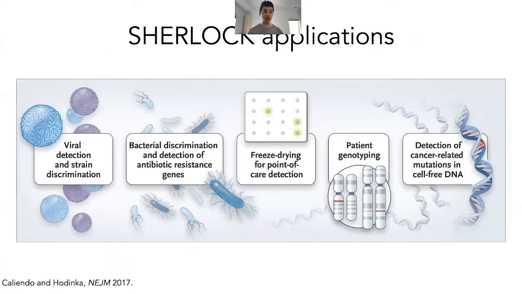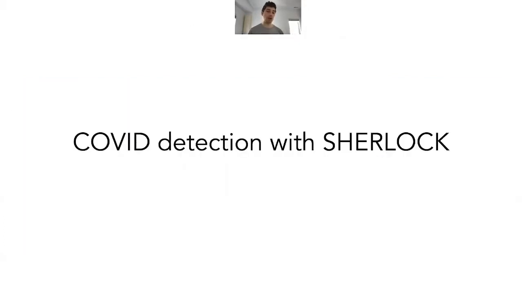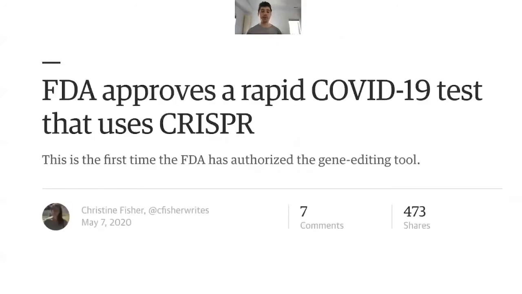Of course, you can imagine that, especially with our current ongoing infectious disease pandemic, there are many applications, and we'll touch on those today. So how do we use Sherlock for COVID detection? Omar and I are actually co-founders of a company that is commercializing Sherlock, and about a year and a half ago, we got an emergency use authorization for the use of Sherlock for COVID-19 tests.